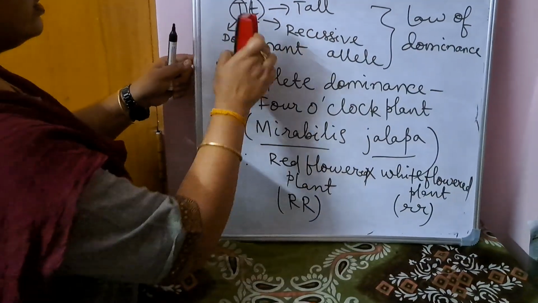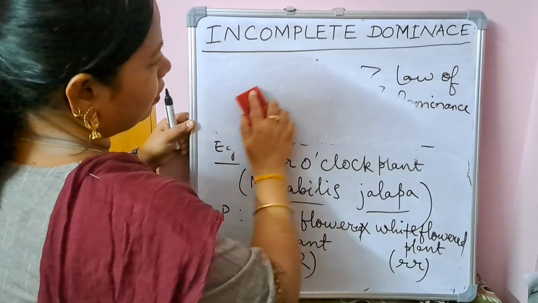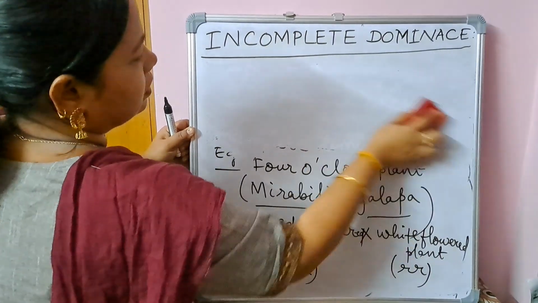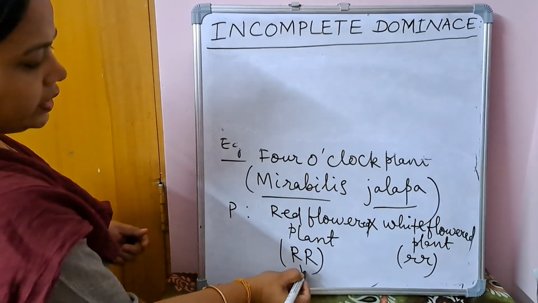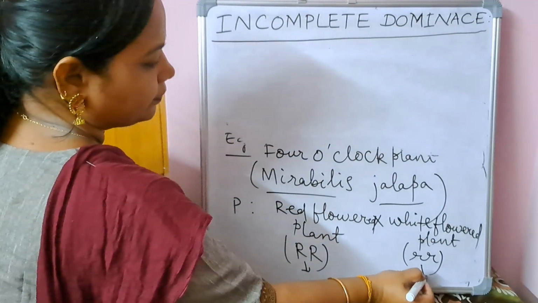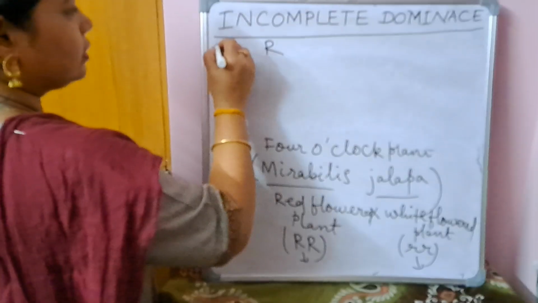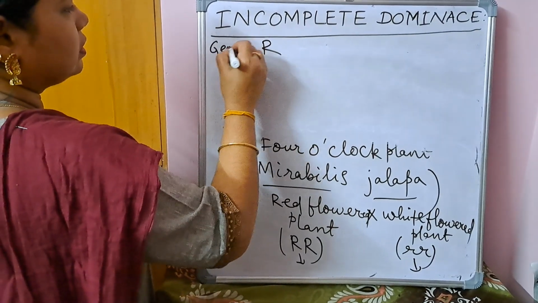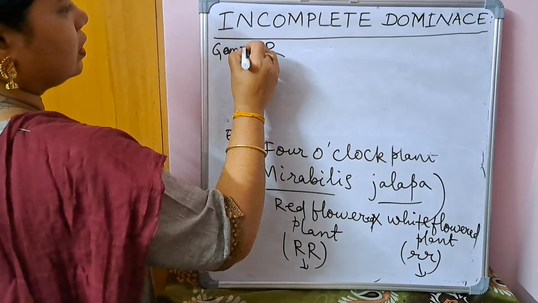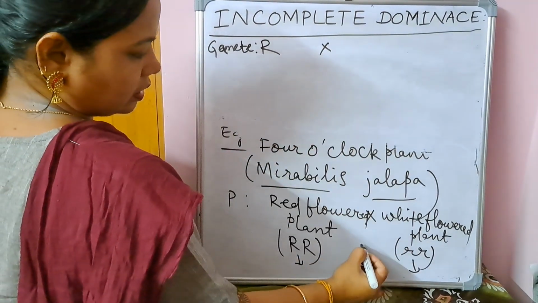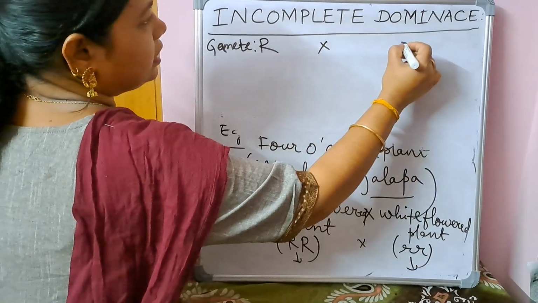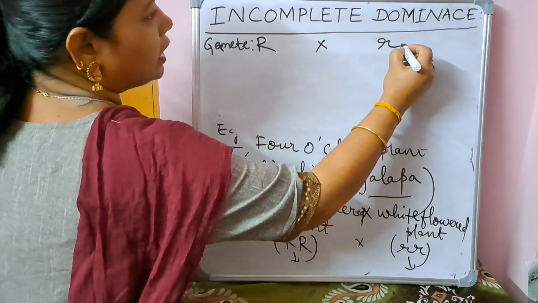Now whenever the gametes are formed, here the gamete will be capital R, and here the gamete will be small r.